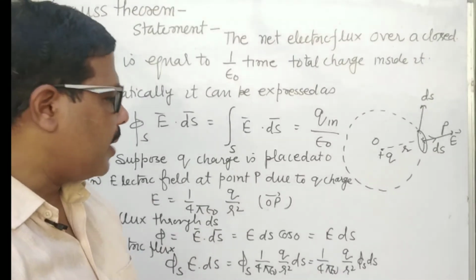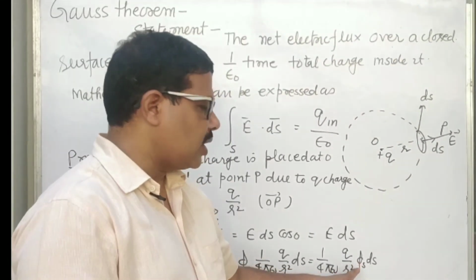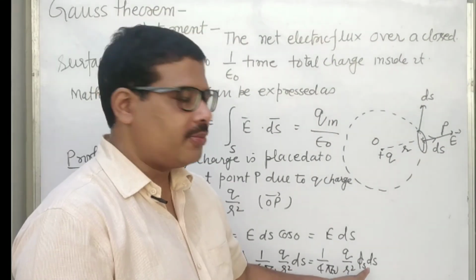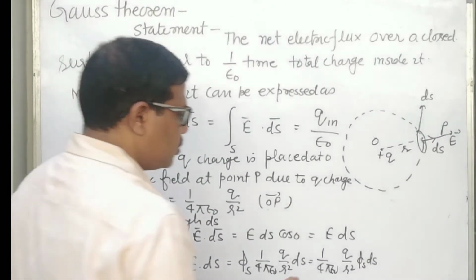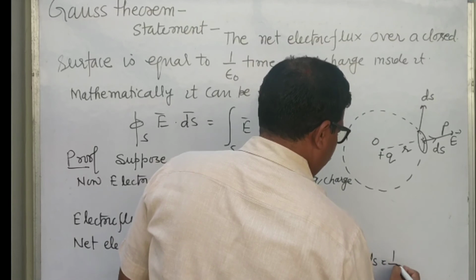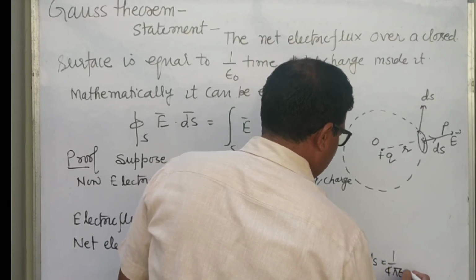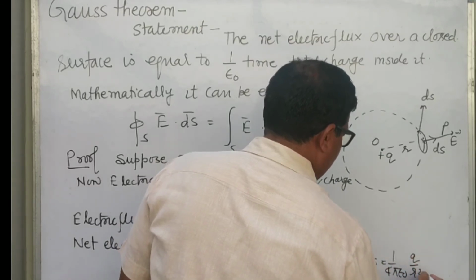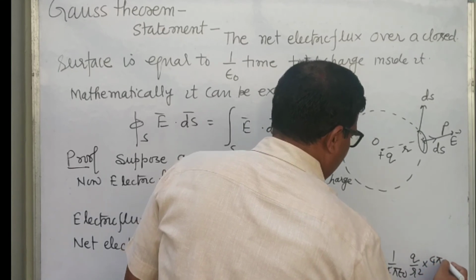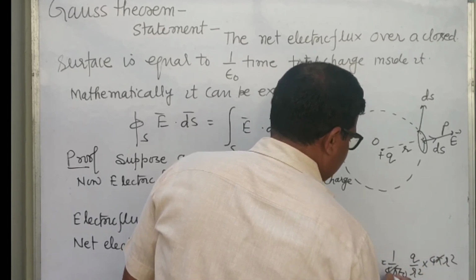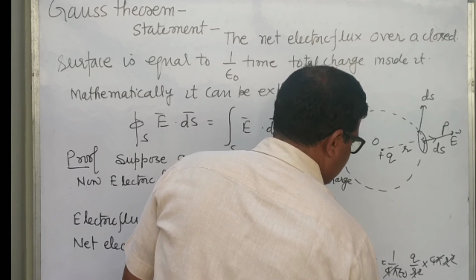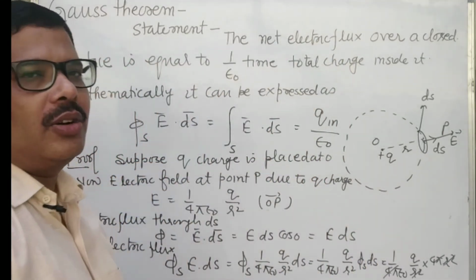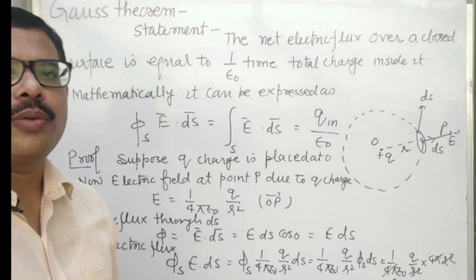So we put the surface integration of ds as 4 pi r square. So 1 upon 4 pi epsilon 0 q by r square times 4 pi r square. r square cancels, so it becomes q by epsilon naught. This is the proof of Gauss's theorem.